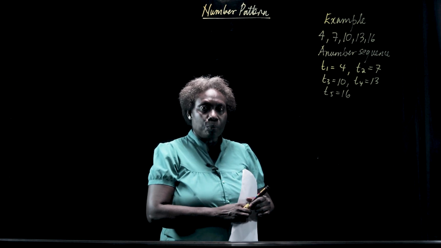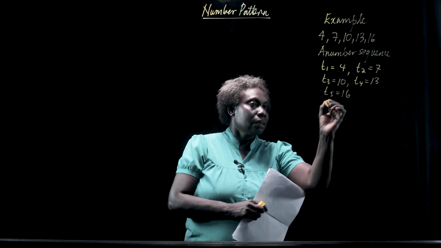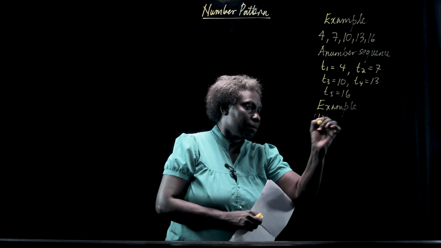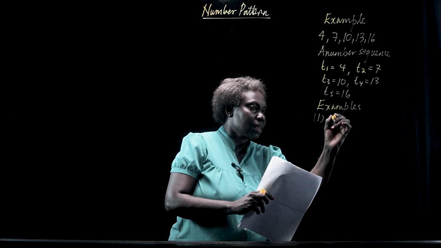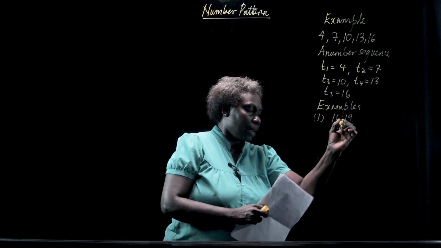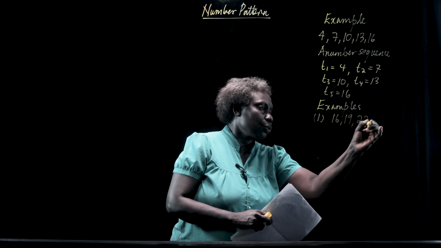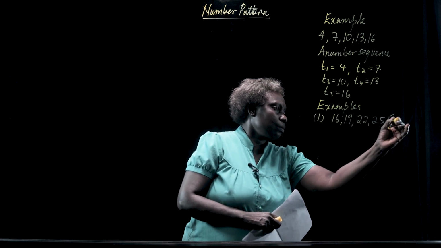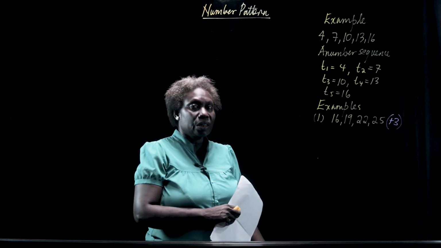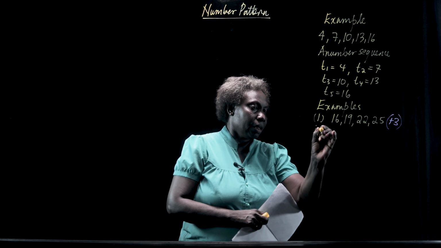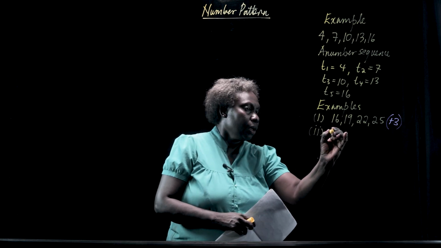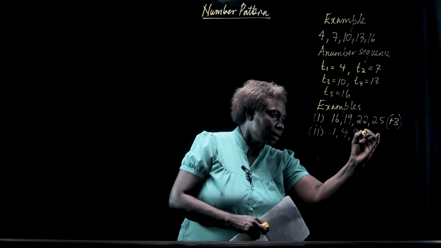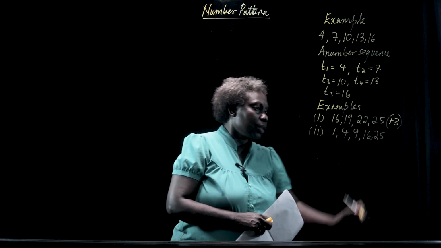Now we are going to look at examples of number sequences. Example 1: 16, 19, 22, and 25. This number sequence is generated by adding 3 to each term. Example 2: we have 1, 4, 9, 16, and 25.